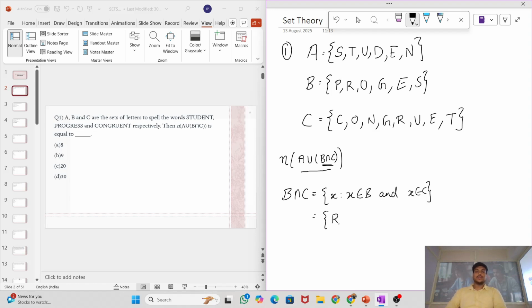R is common in both of them. O is common in B and C, and same goes for G and E.